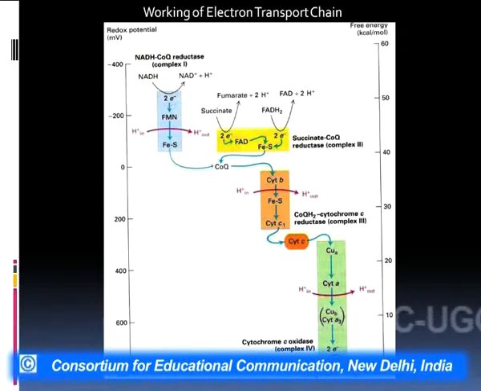FMN is flavin mononucleotide, which is a non-heme iron, and it has the hydrogen ion complexes. And there is a further downhill transport to coenzyme Q. If you see carefully, the yellow markings are of the succinate coenzyme Q complex, which is complex 2, which is not in the straight line or the scheme of things. It comes from the other side, and then the first is connected directly to the complex 3 and complex 4.